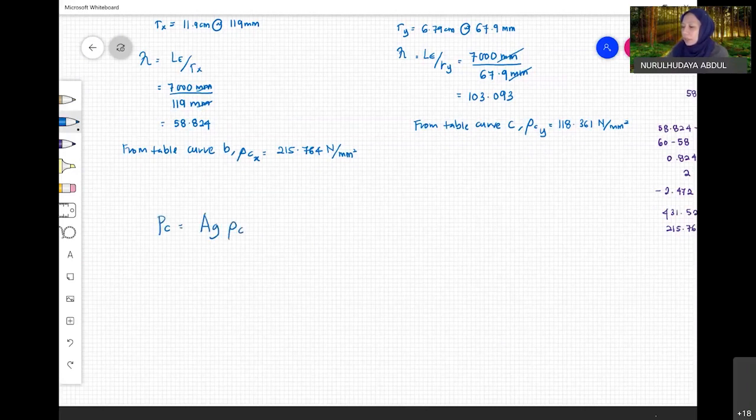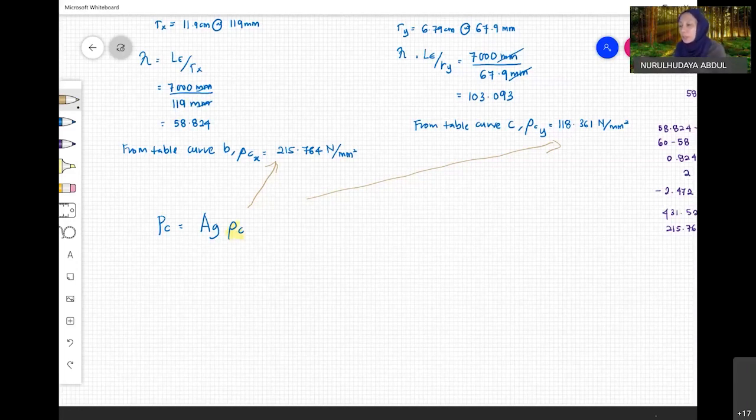Which one do you choose? We take the lower value. Because if PCX is 215.764, the compressive strength in the X direction is high, but the compressive strength in the Y direction is weaker, which is 118.361.